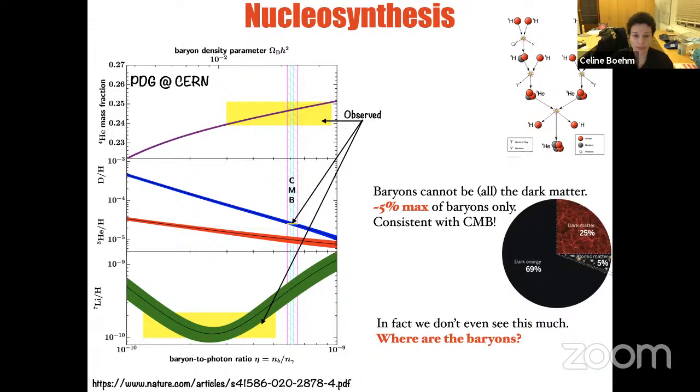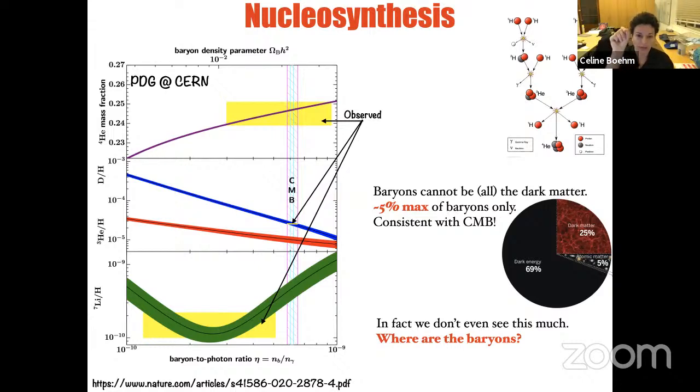And so in principle, if your theory is correct and you have all the cosmology correct, all the yellow bands should select the same region, which would be basically where the CMB vertical line, the cyan vertical line, is.